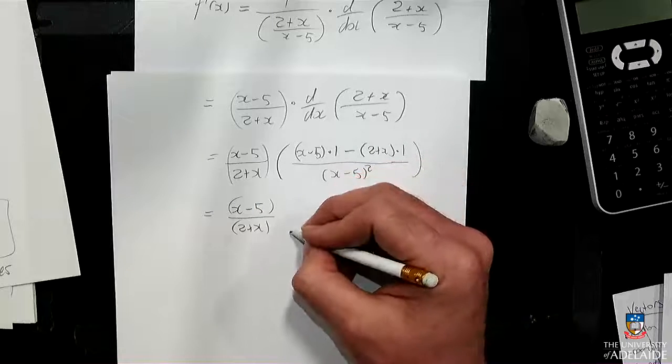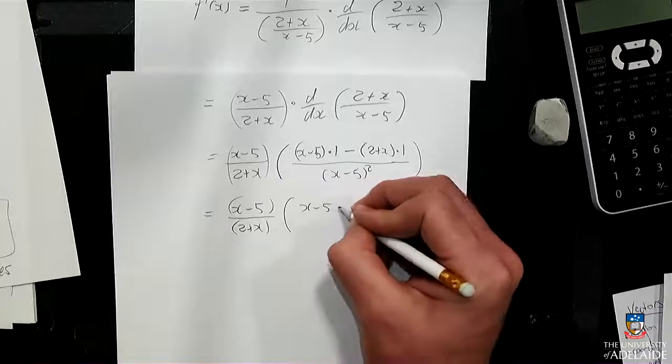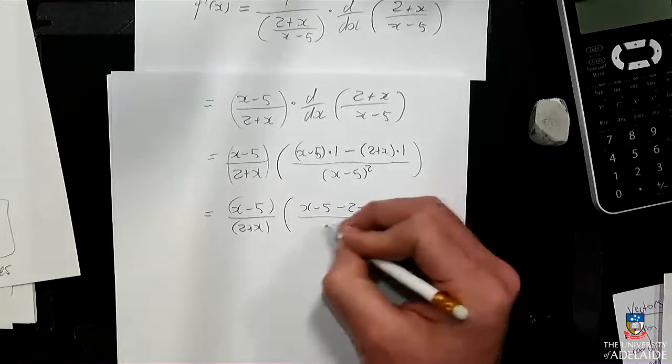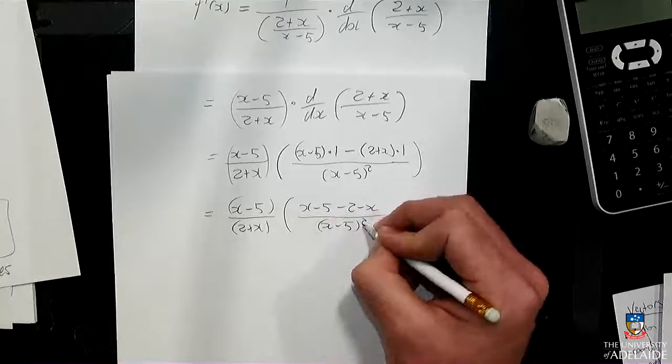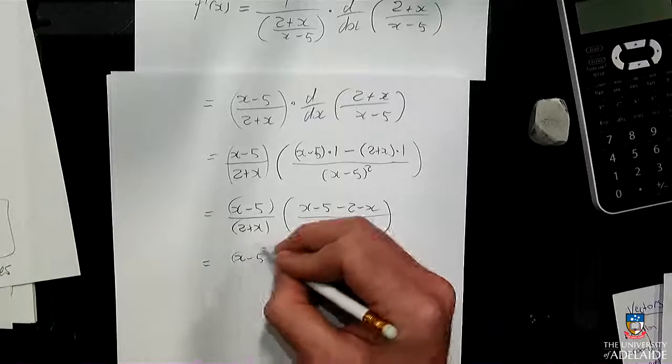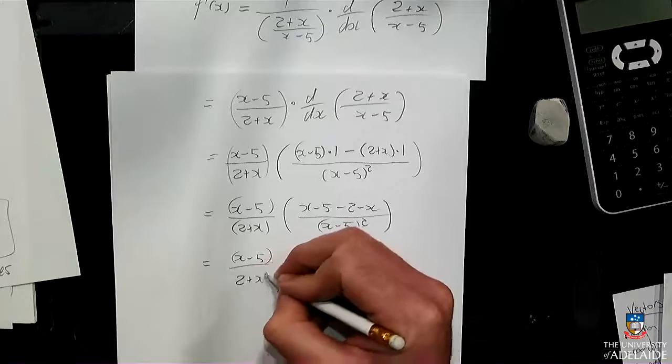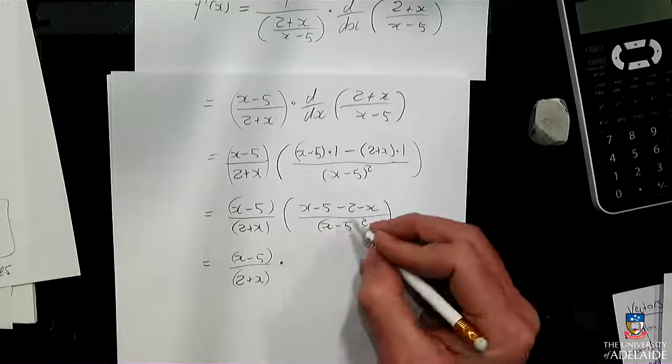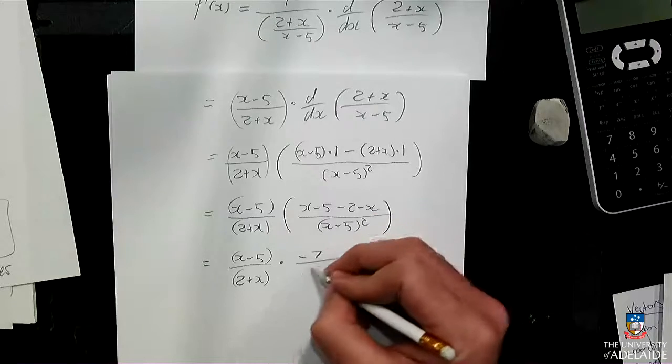What have we got on the top there? We've got x minus 5 minus 2 minus x, over x minus 5 squared. Beautiful. Minus 7.